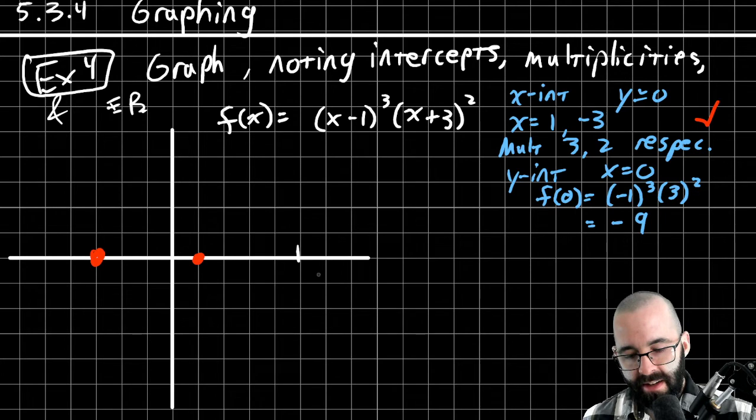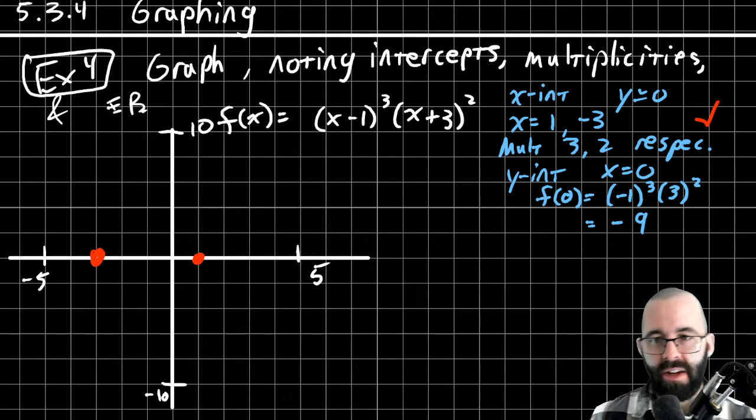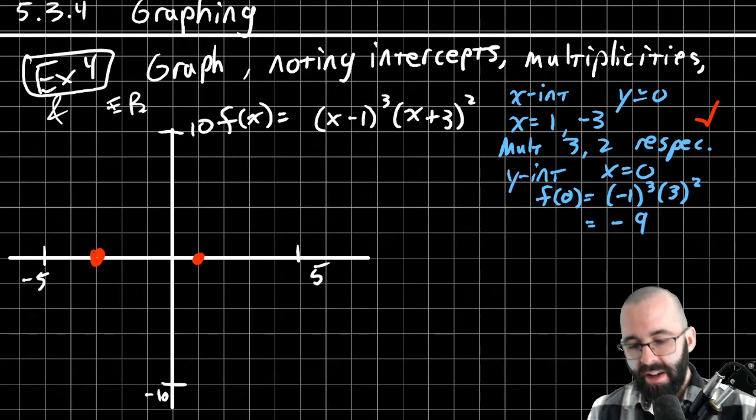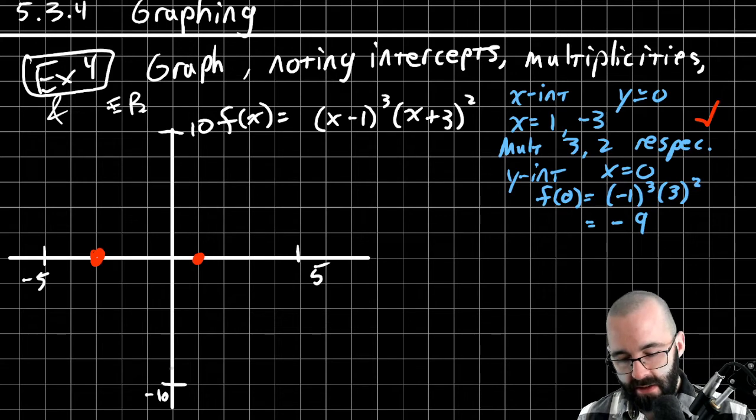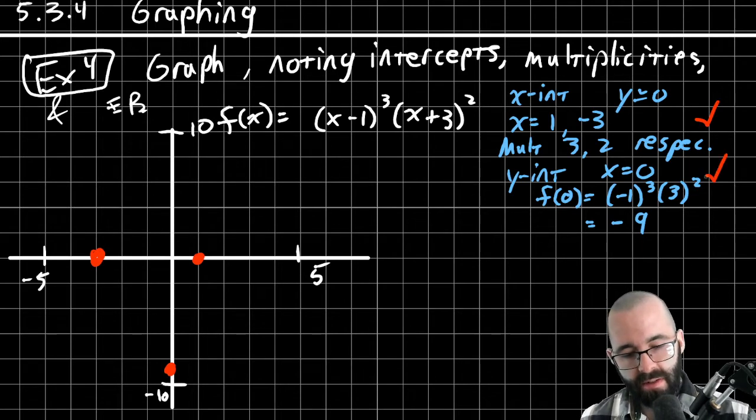That just means that in the x-axis, we'll count by 1. And in the y-axis, we'll have to count by 2. This is negative 10, counting by 2. This is positive 10. So let's draw that y-intercept of negative 9. Great. We've used the y-intercept.